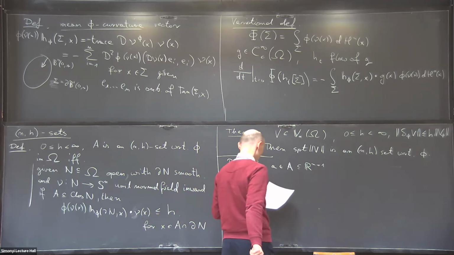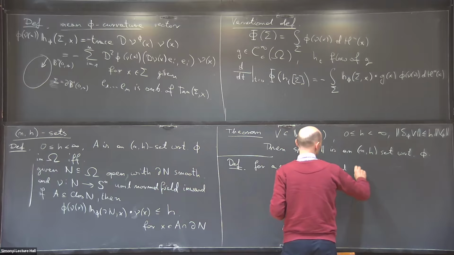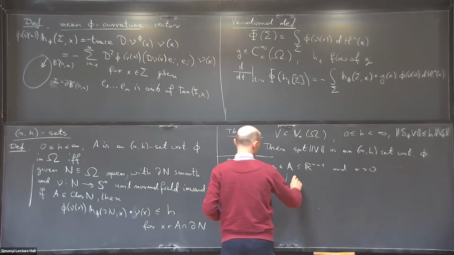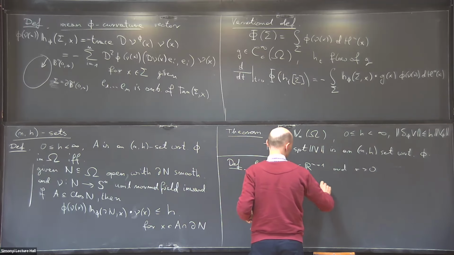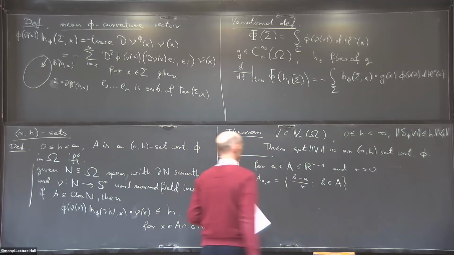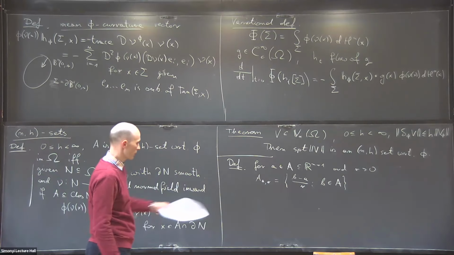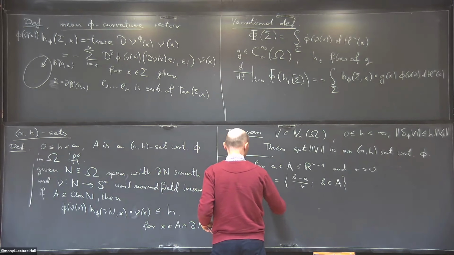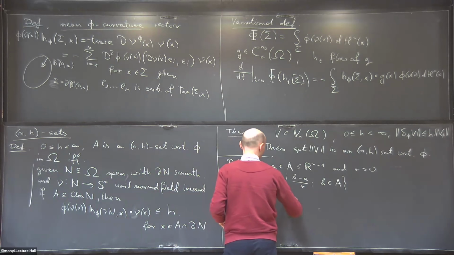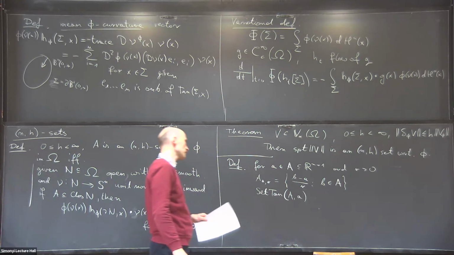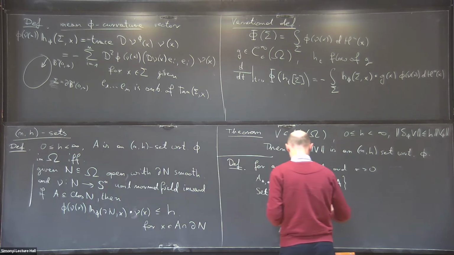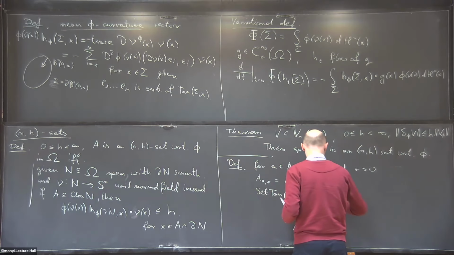First one is always Z and R positive. Define A over R. This will be the V minus A over R. We define a blow up with this point with this R. And we define, moreover, the set theoretic tangent sets of A. This will be all possible lower limits.